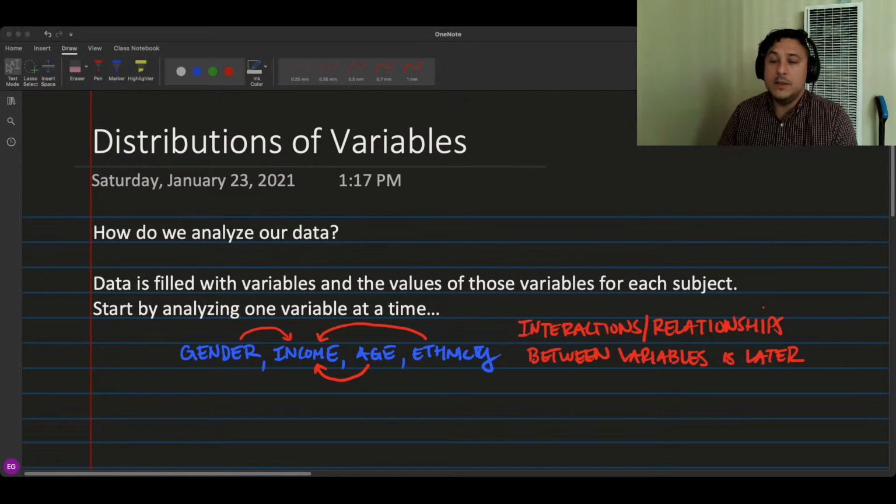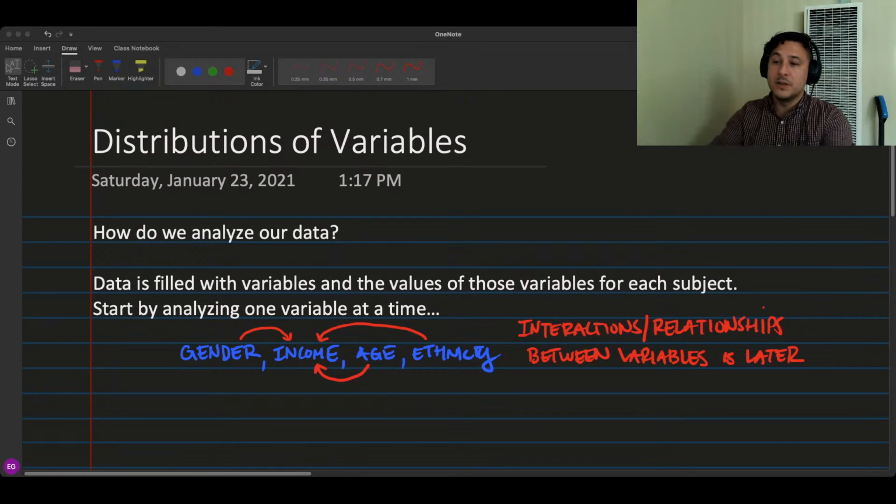Looking at those interactions is one of the whole points of statistics, but we're not ready to go there yet. We first have to talk about how you look at a single thing by itself before you can talk about how two things interact. Does that clear up what we're going for here? We're going to look at the one thing.